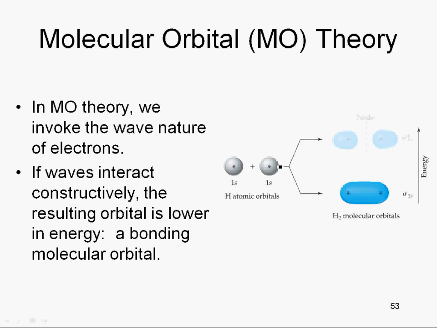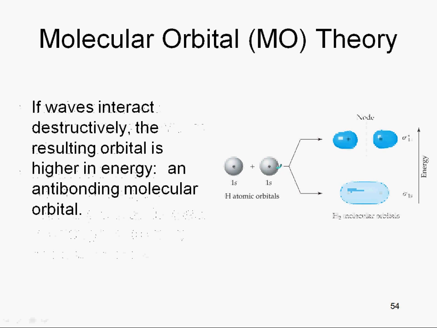When electrons go into sigma star orbitals, they contribute to non-bonding or anti-bonding. If the two wave functions from the hydrogen atoms interact destructively, you get a higher energy molecular orbital, and we call that an anti-bonding molecular orbital.